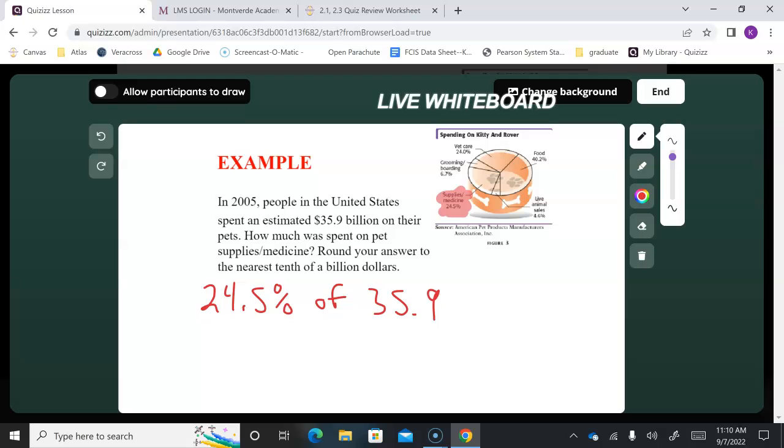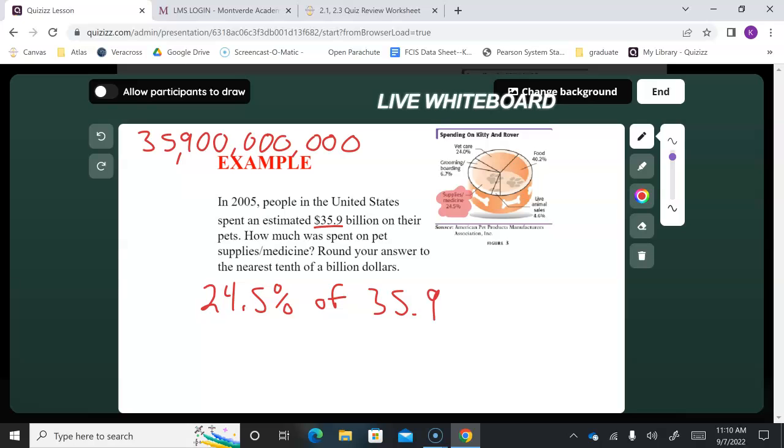Now, pro tip. I've seen it half a dozen times every year. Someone will take 35.9 billion and write it out as 35,900,000,000, and then try to do the math and say, this doesn't fit in my calculator. You don't need to do that. Think of billions as a unit. 35.9 billion is a unit.